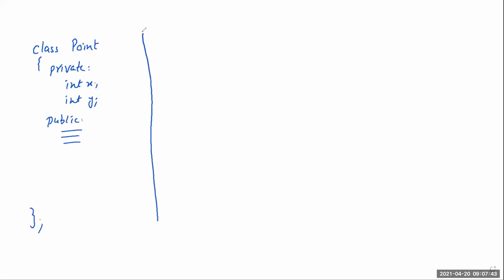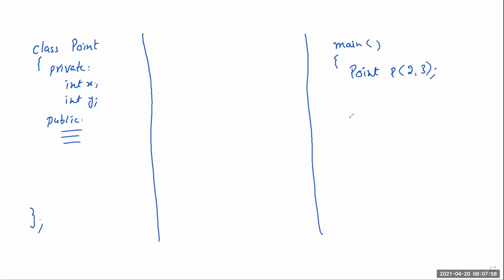Okay, now suppose in the main we make an object of this class, say point p, which is 2 3. Suppose this is p, which is 2 3. This is x and y.